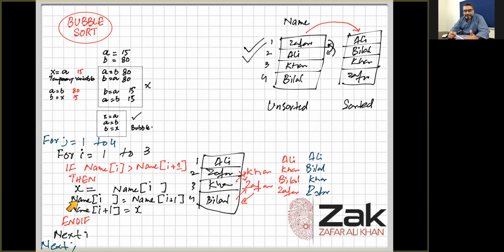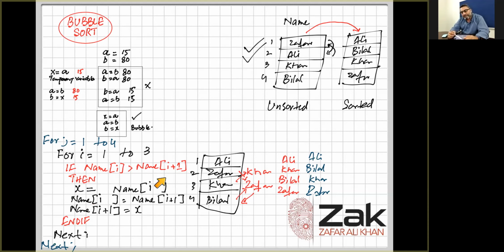So for j is equal to 4, this would be checked once again. I is 1, so it is checking if Ali is greater than Bilal, no. I becomes 2. If Bilal is greater than Khan, no. I becomes 3. If Khan is greater than Zafar, no. So in any of the inner iterations, since the whole array is now in ascending order, nothing has happened, but the j loop still worked.